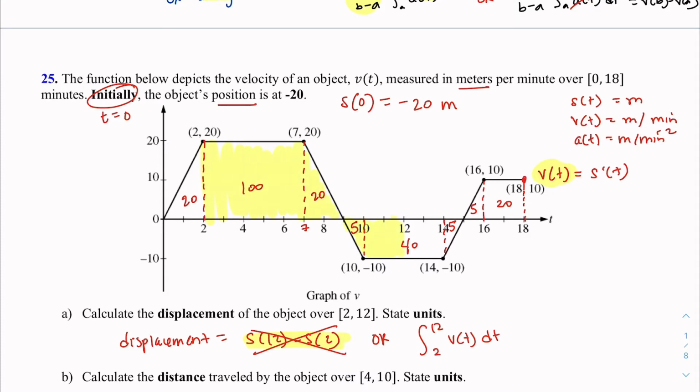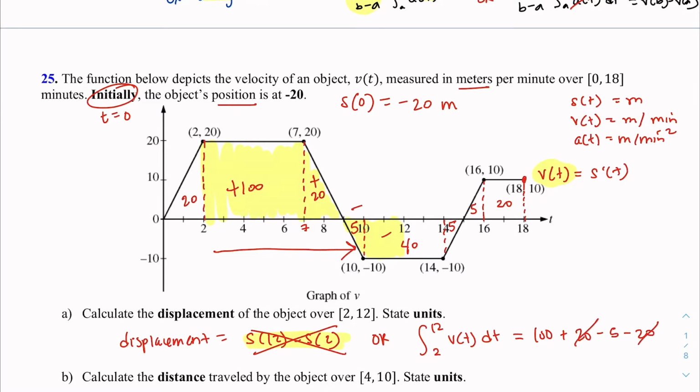Since we're going in the regular direction from left to right, anything above the axis will be positive. Anything below the axis will be negative. So we'll have positive 100 plus 20 minus 5. And then we don't want this whole rectangle. We only want half of it. So that's going to be an area of minus 20.